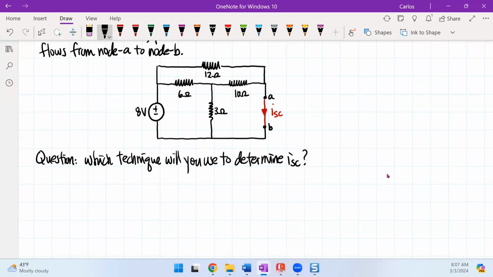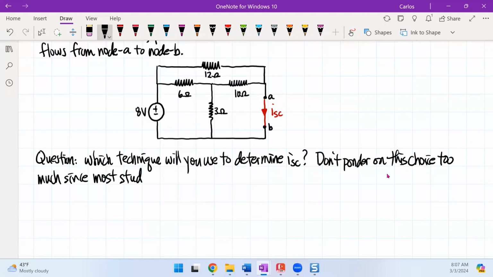I would say don't ponder on this choice too much, since most students will almost always go to their strongest skill.